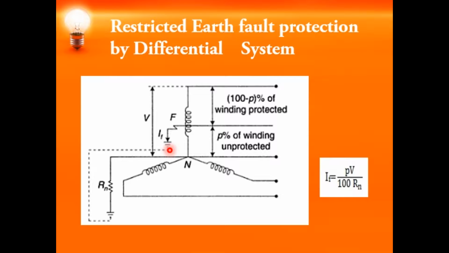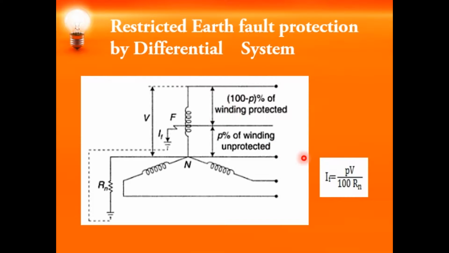That is why only around 80 to 85% of the generator winding will be provided with phase to ground fault protection. If we say that P% of the winding is left unprotected by the protection scheme, then 100 minus P% of the winding will be protected.